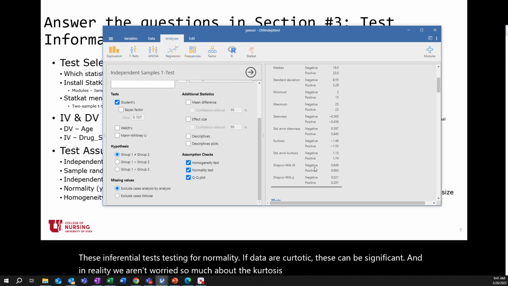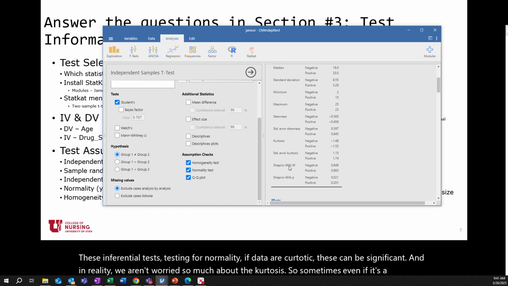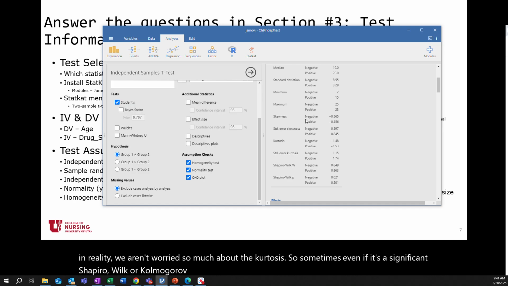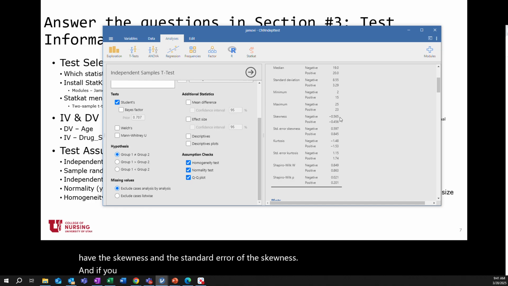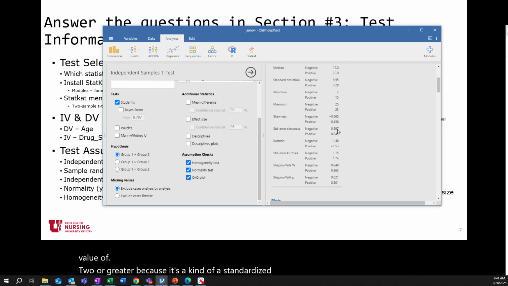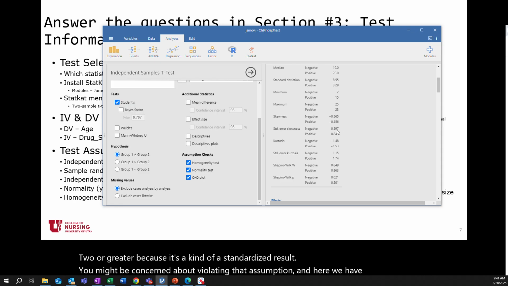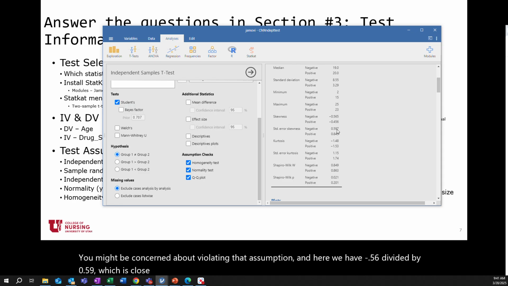So sometimes, even if it's a significant Shapiro-Wilk or Kolmogorov-Smirnov, I might just go look at the skewness, and you see we have the skewness and the standard error of the skewness. And if you divide the skewness by the standard error of the skewness, if you start getting a value of 2 or greater, because it's a kind of a standardized result, you might be concerned about violating that assumption. And here we have negative 0.56 divided by 0.59, which is close to 1. Again, not a problem. So we're going to pass that, but there's several ways you can check this.